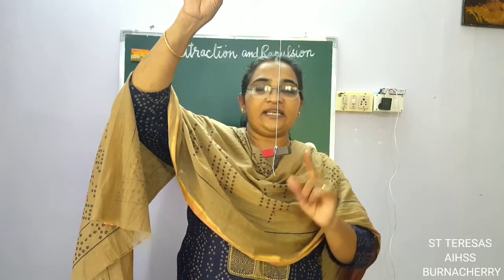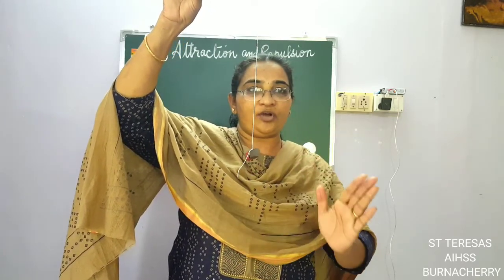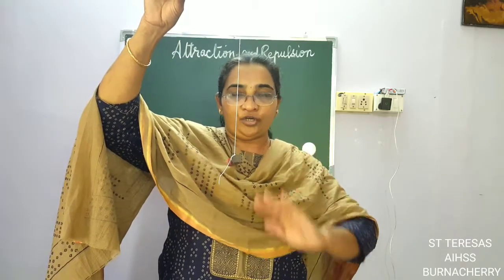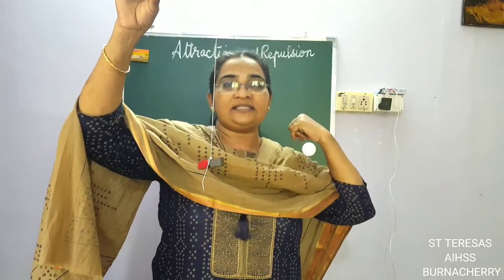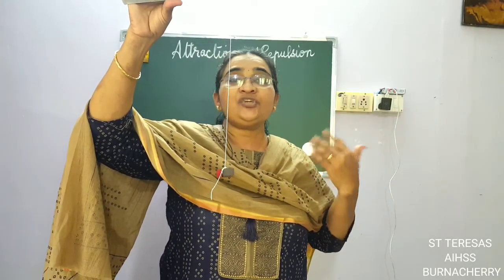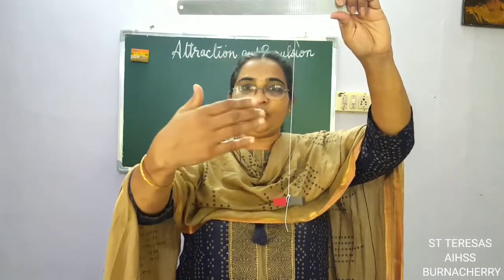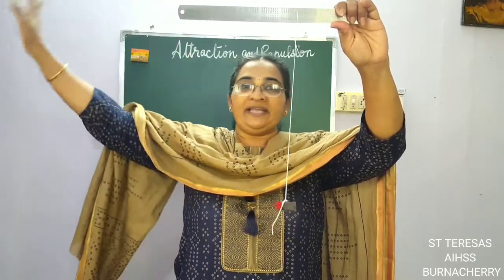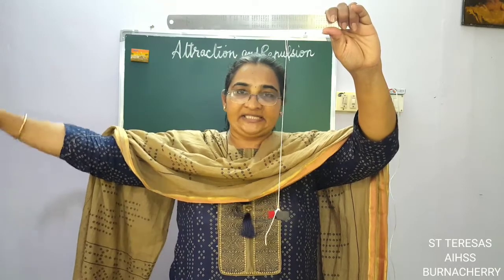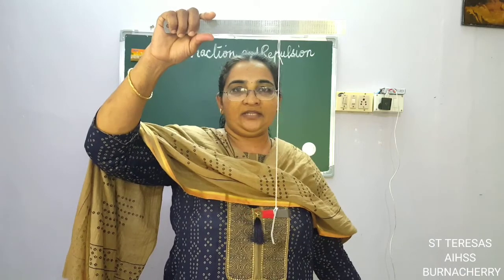Now it is resting, isn't it? So which is the north of this room where teacher is standing? That is the north, and my back is the south. Which will be my east? I am facing the north now, so my front is north, my back is south, my right hand is east, and my left hand is west.